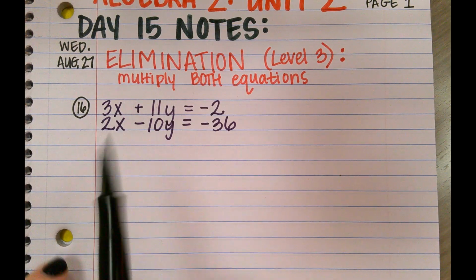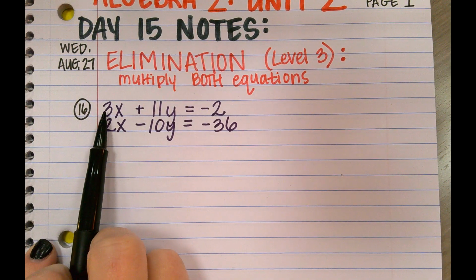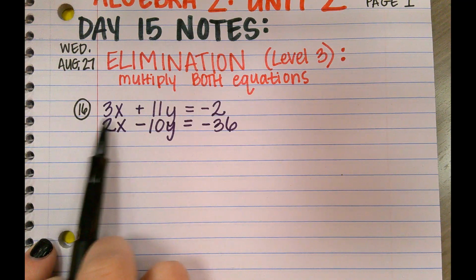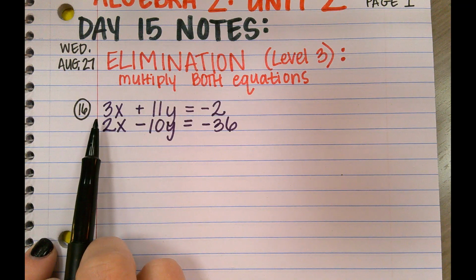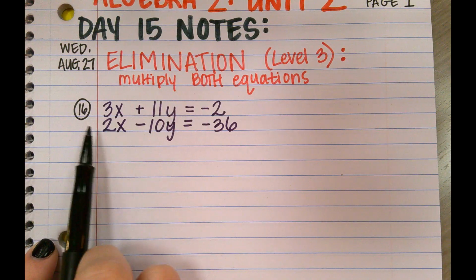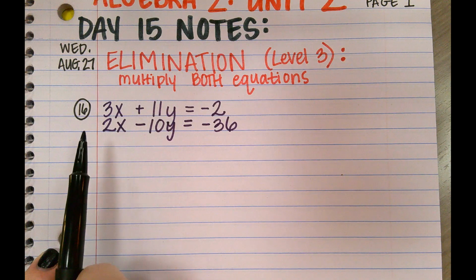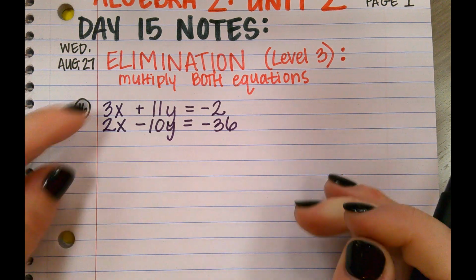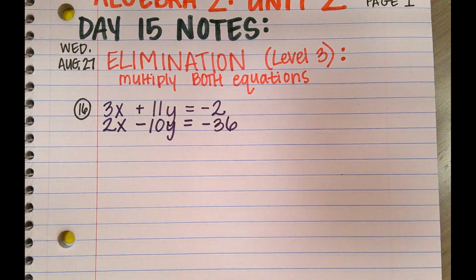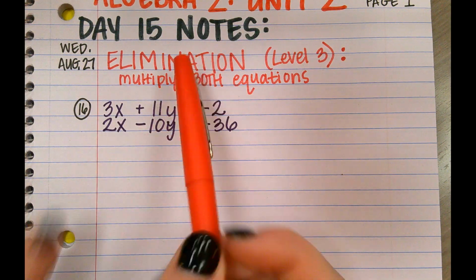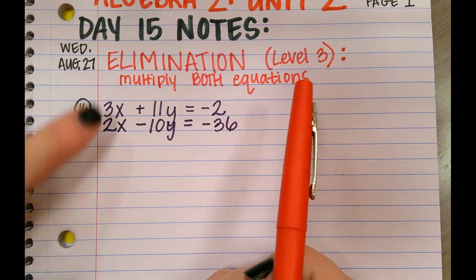So if I'm looking at my x values, there's no whole number that I can multiply 3 by to get -2, because I would want -2 to make this cancel, right? There's no number I could multiply +2 by to get -3 to make that +3 cancel. So when you have something like this, we can multiply both equations by the other number.